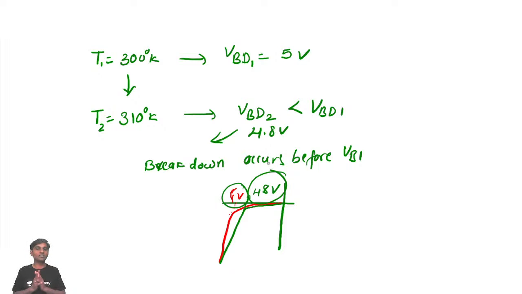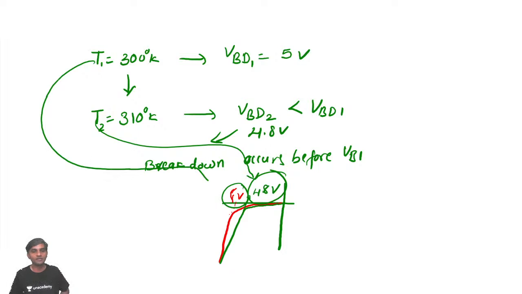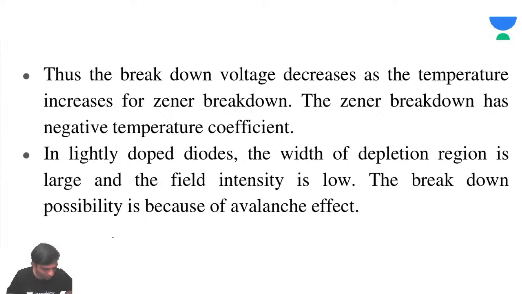So the breakdown occurs earlier as the temperature increases. At temperature T1 you are going to have 5 volts, and at T2 it will be lower. I'm taking it as an example, not exactly these values, but this is going to happen. Is the point clear? Are you all there?